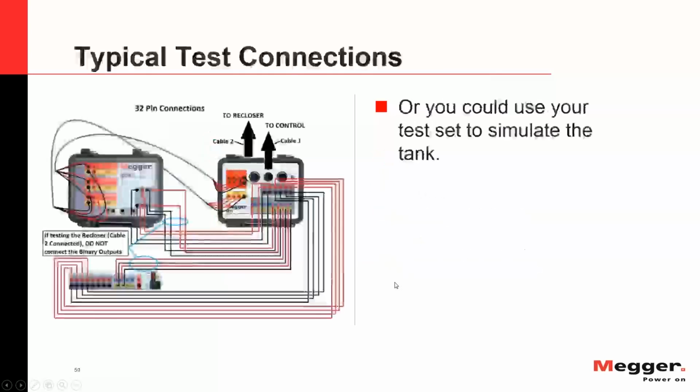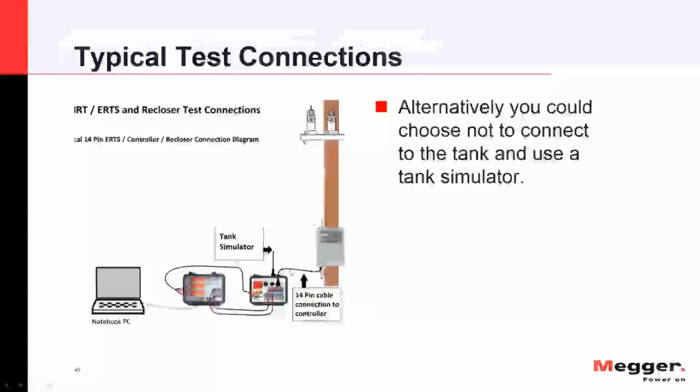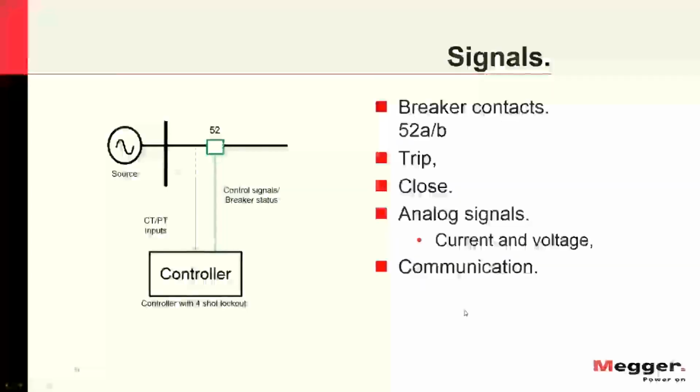That's why the most important thing is to be able to feed into the controller and take signals from the controller. This cable here not only takes signals into the controller, but also brings the trip and close signals into the real world, right?